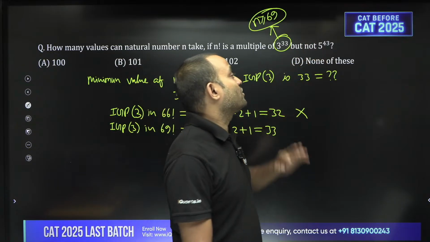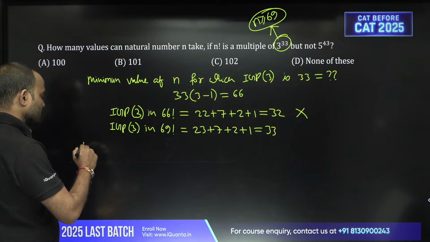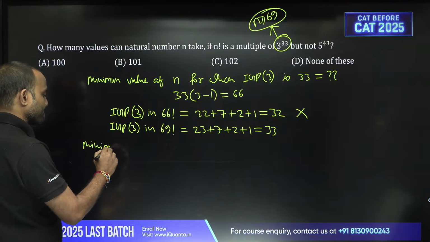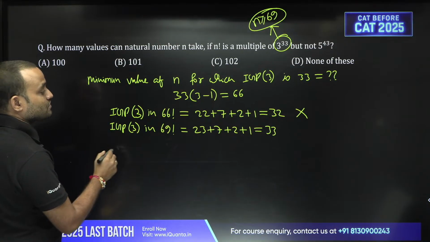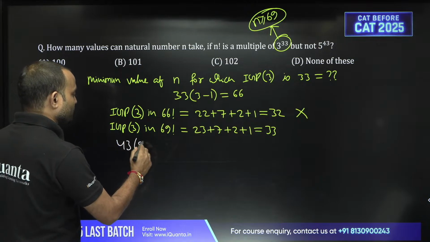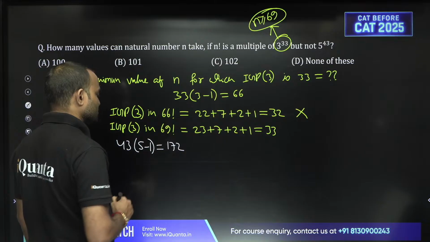Now, let us check for 5 to the power 43. What will be the minimum? So, 43 into 5 minus 1 is equal to 172, right.